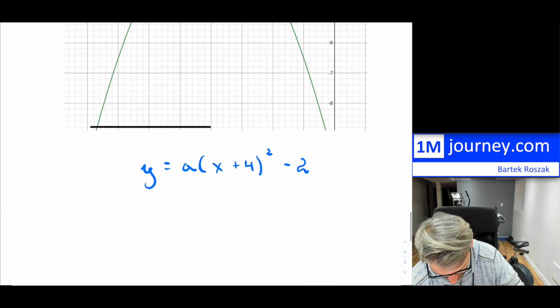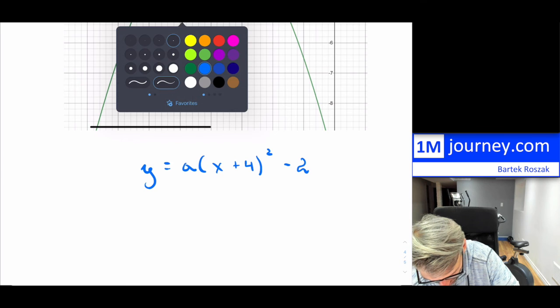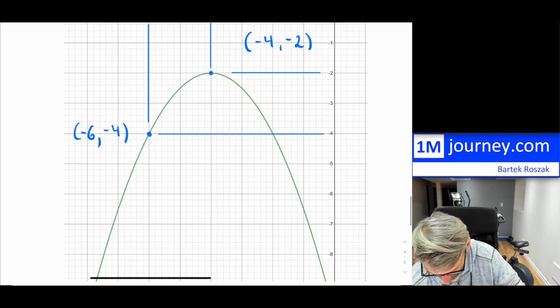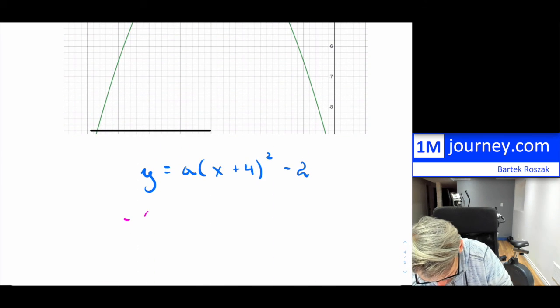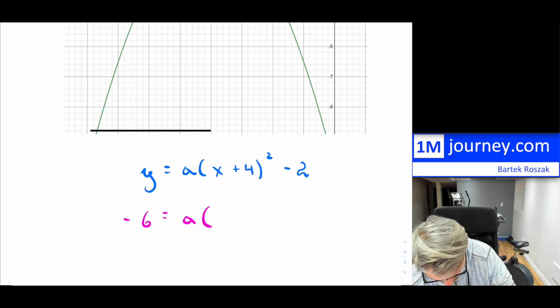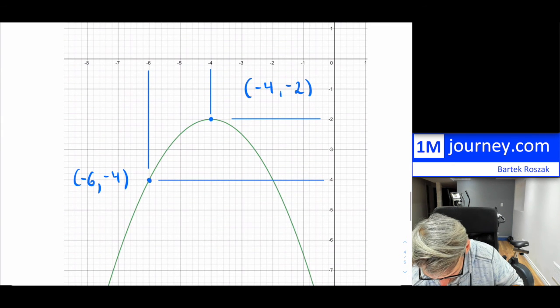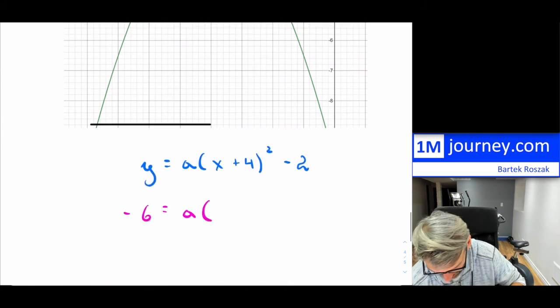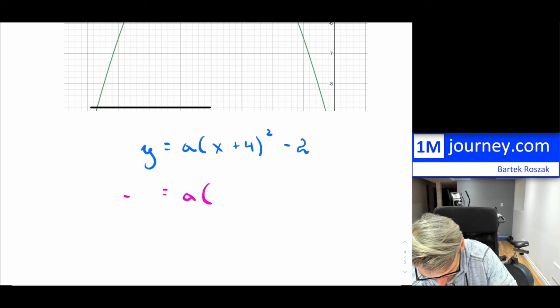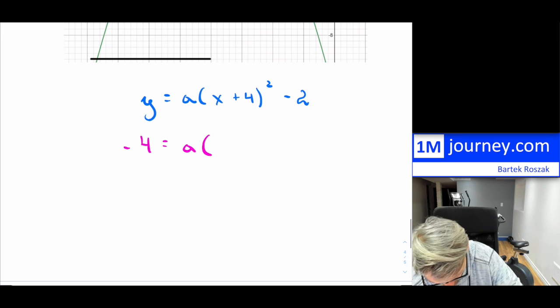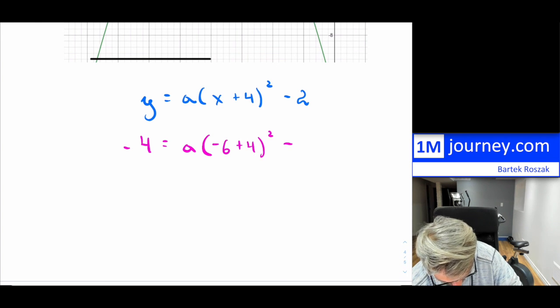So that's your vertex. Now the second part is, I'm going to substitute the second point. So this is going to be negative 4 for y, and this is going to be negative 6 plus 4 squared minus 2.